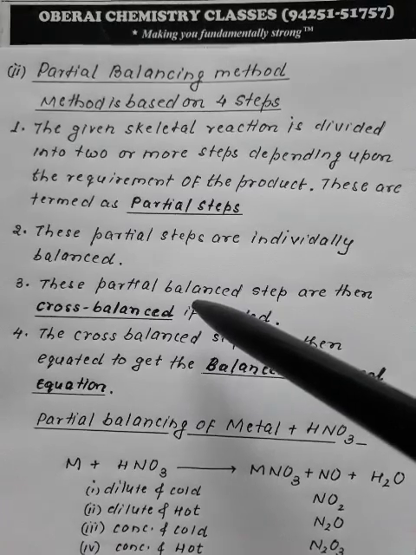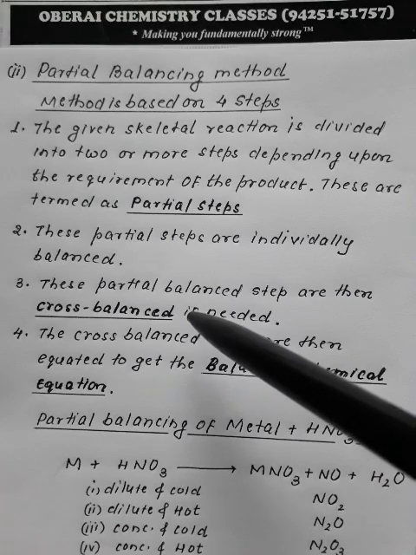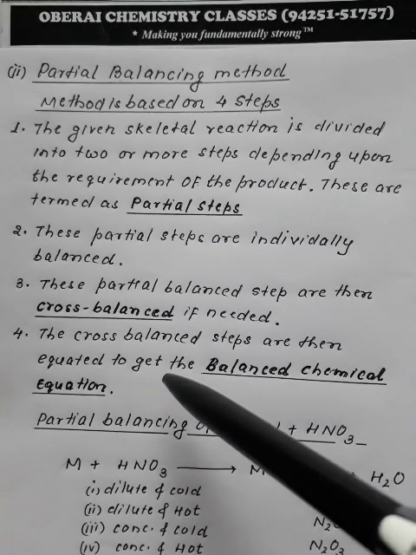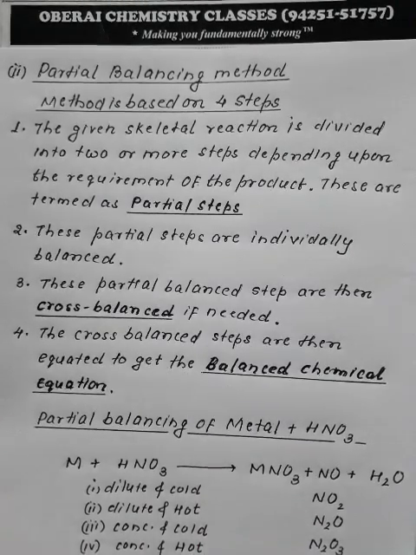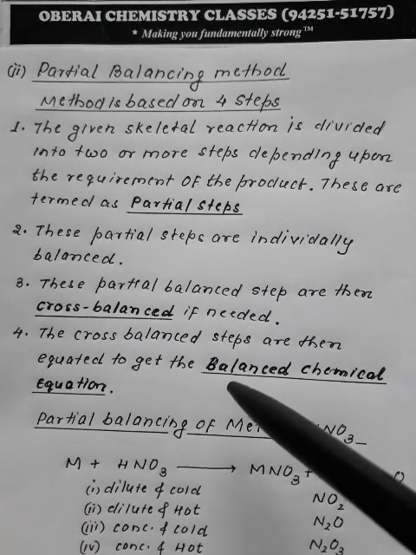The partial balanced steps are then cross balanced if needed. And finally, these cross balanced steps are equated to get the balanced chemical equation. To get a balanced chemical equation, the four steps are followed.